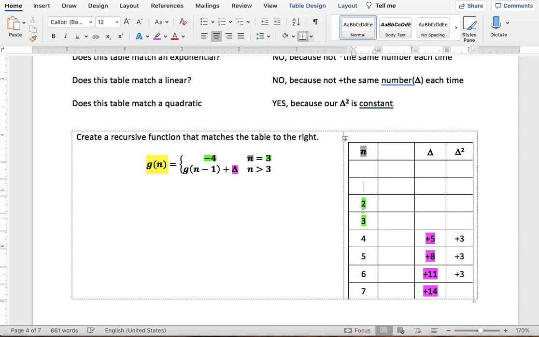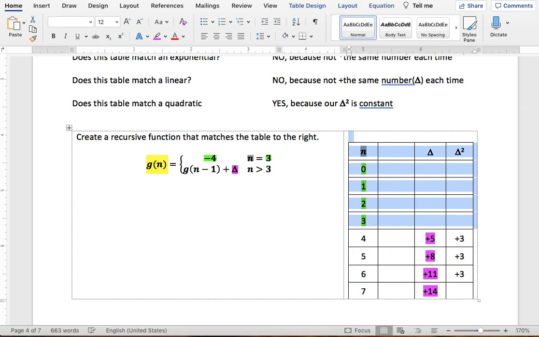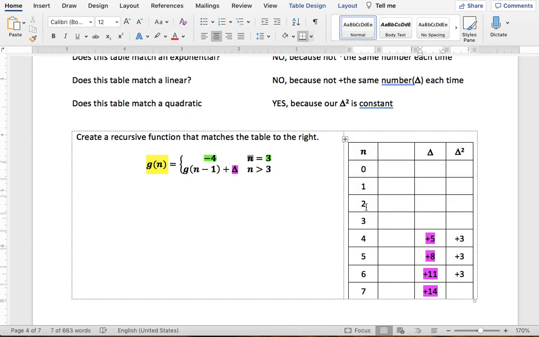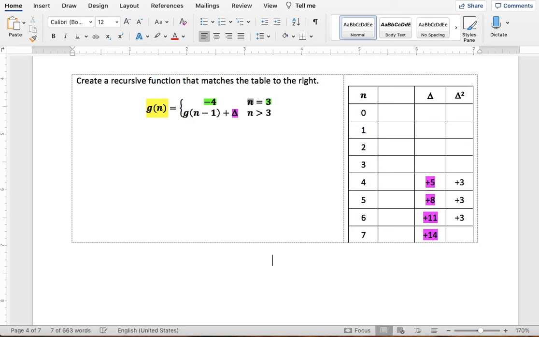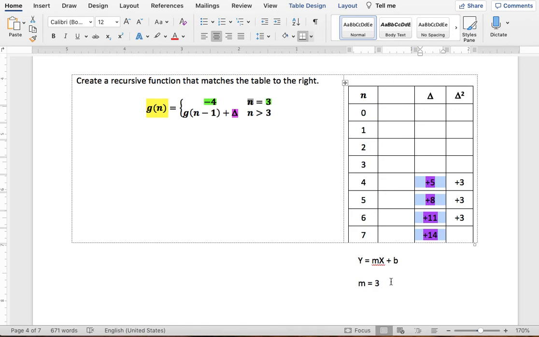Okay, 2, 1, 0. Okay, so you have your y equals mx plus b. Your m value is equal to 3 because it's changing by +3 each time, so your m is 3. Okay, I just need to find my y-intercept, which is your b.